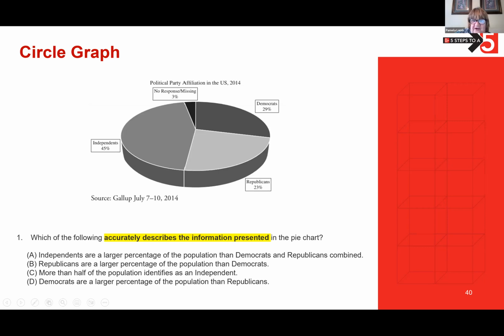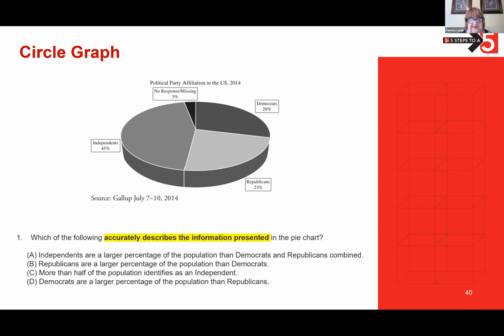Okay, circle graph, also an example of a type of question you might see, sometimes called a pie graph. And again, you're looking at the information. Which of these can you glean from the information that is provided? Independents are a larger percentage of the population than Democrats or Republicans combined.